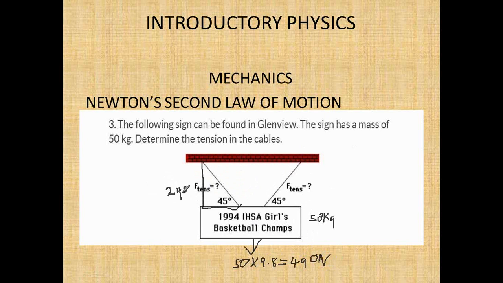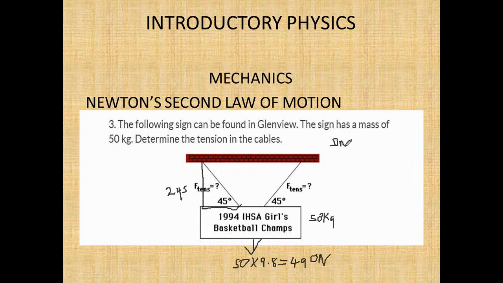Okay, but what they want to determine is the tension in the cable. So you know that this angle is 45. So you need to find the hypotenuse. So we can use sine again. Sine is very important.